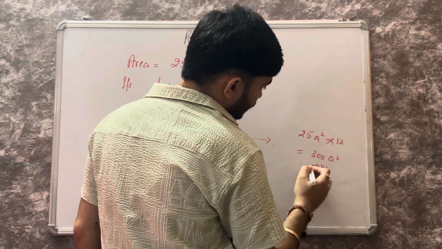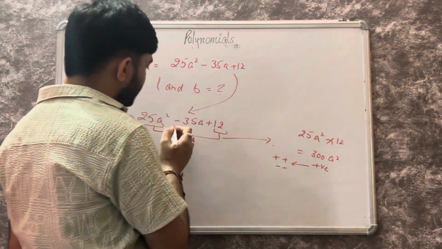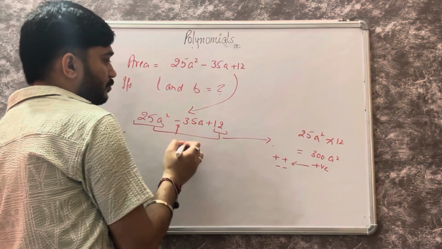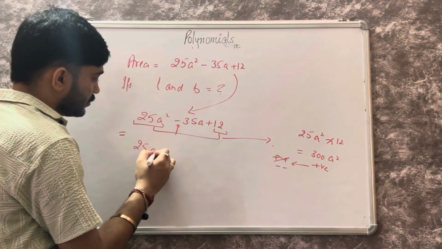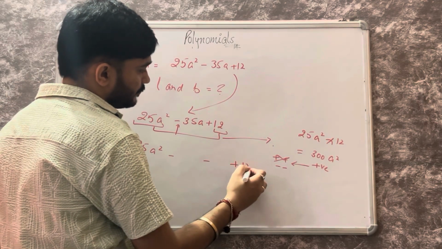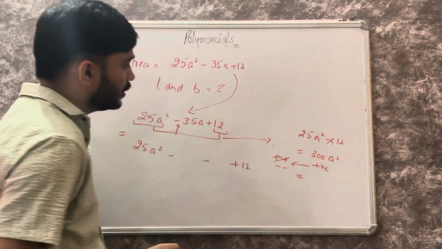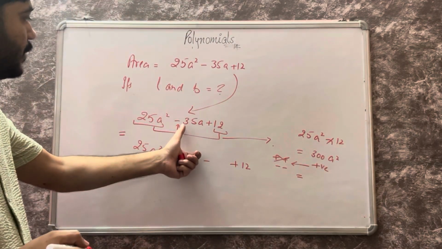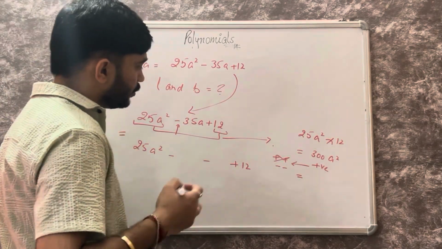Since it is positive, you are going to have two cases, that is plus plus or minus minus. Since the middle term is of negative sign, it is of case number two. You will get 25a square minus plus 12. Now you have to write the factors of 300 so that you get minus 35 as the addition of two numbers.